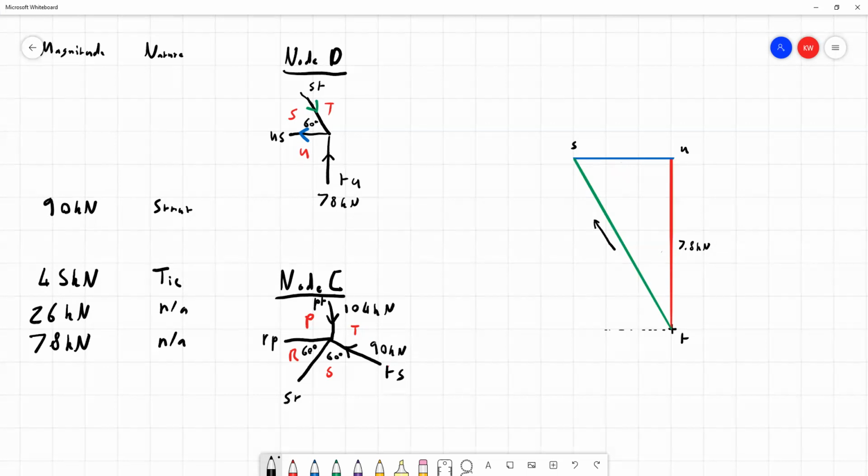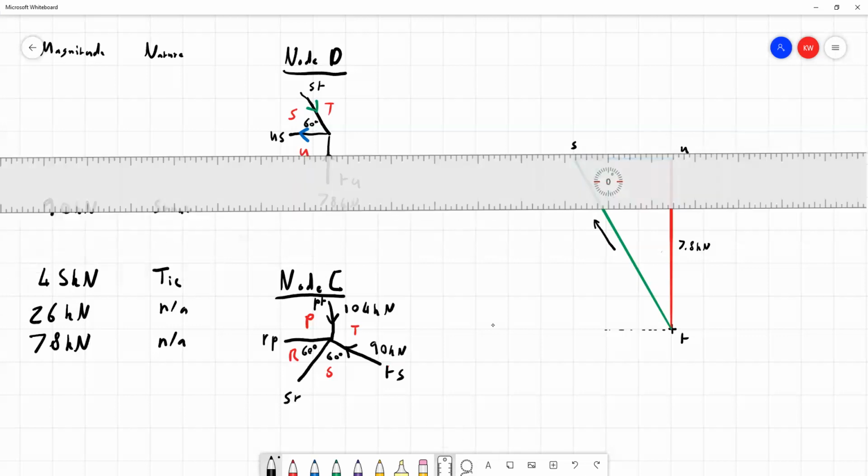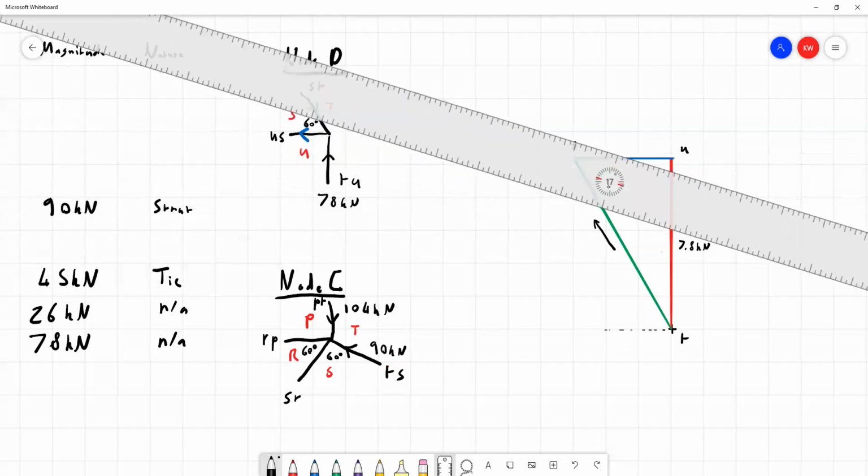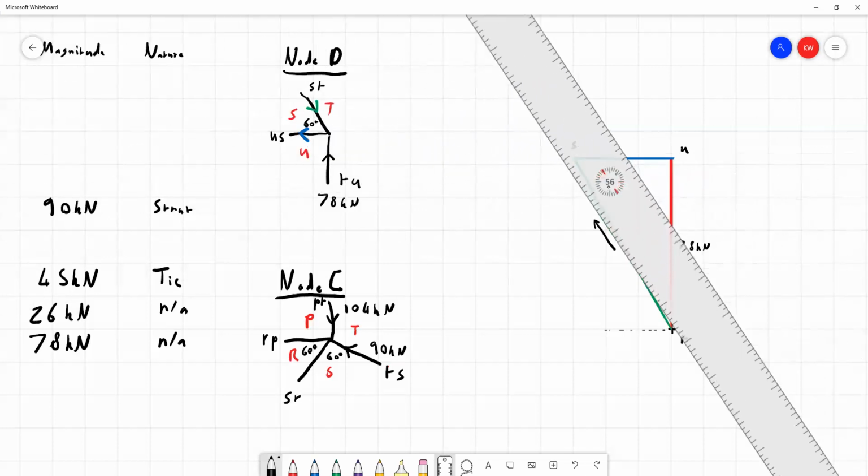So we need to draw a vertical line downwards that ends at point T, that's 9 centimeters long, sorry, that's 10.4 centimeters long, to represent the external force applied at the top of this structure.